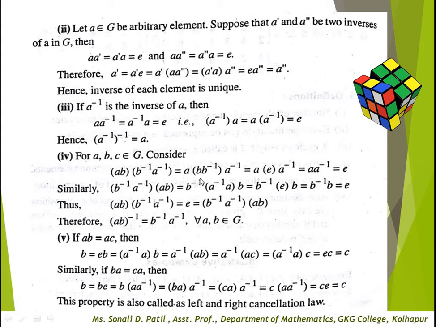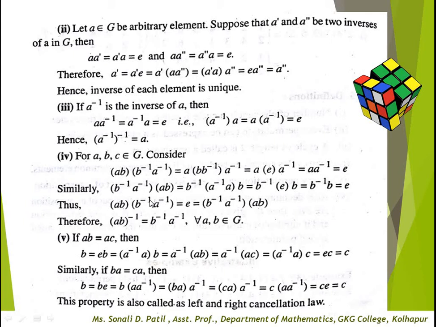Identity element, by using the inverse property. Now here we can use the identity property, then what will we get? a a inverse is equal to e, here again using the inverse property. Similarly, we consider (b inverse a inverse)(ab) is equal to b inverse (a inverse a) b.